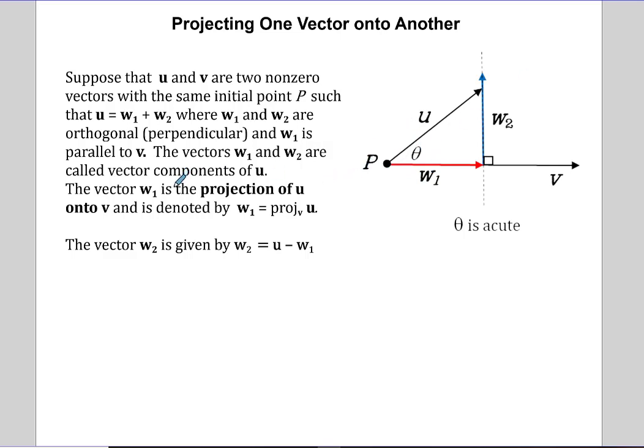So this is known as the projection of vector u onto vector v, and it's written this way. If you wanted to know the component w sub 2, it's given by u minus w sub 1. So if we take u and subtract this one, we would know the length of this one.